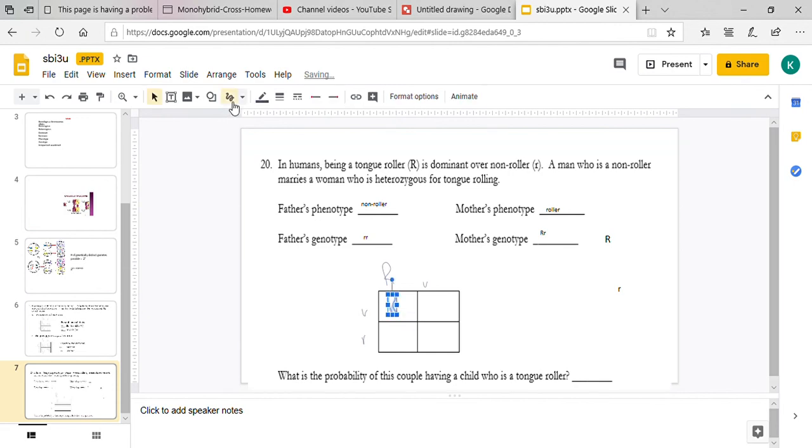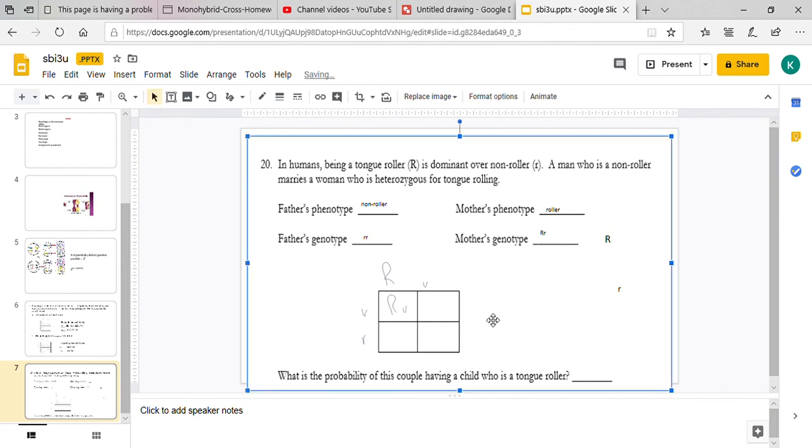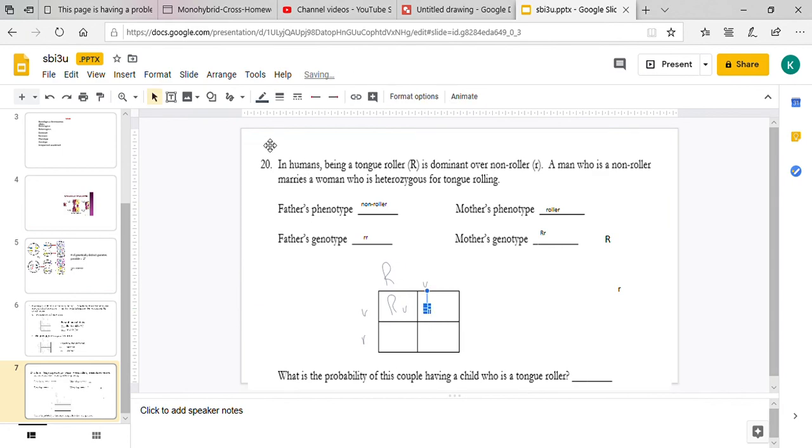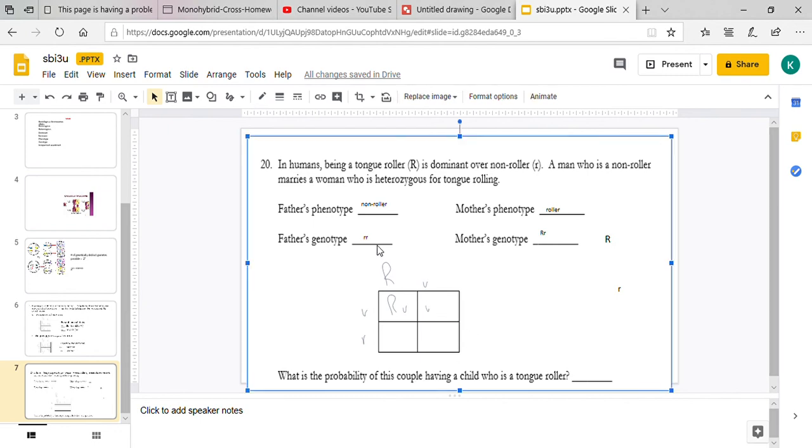There is also a non-rolling gene right there. For the second square, you have lowercase r and lowercase r. Much better. Sorry, I lost my other r. So here it is.